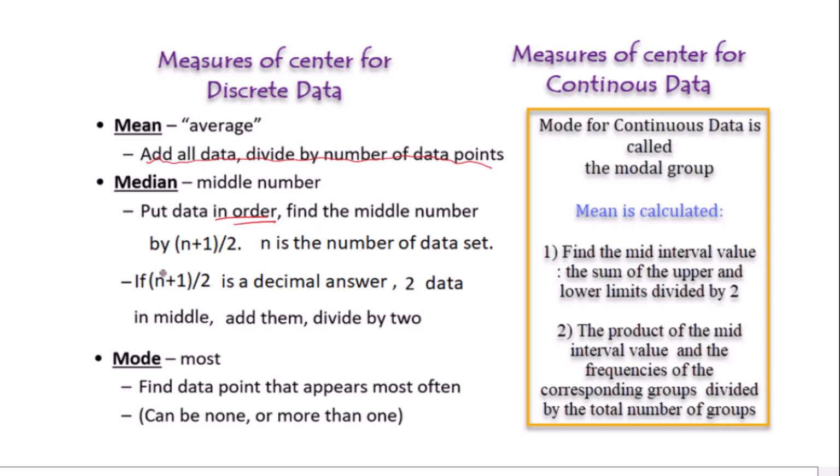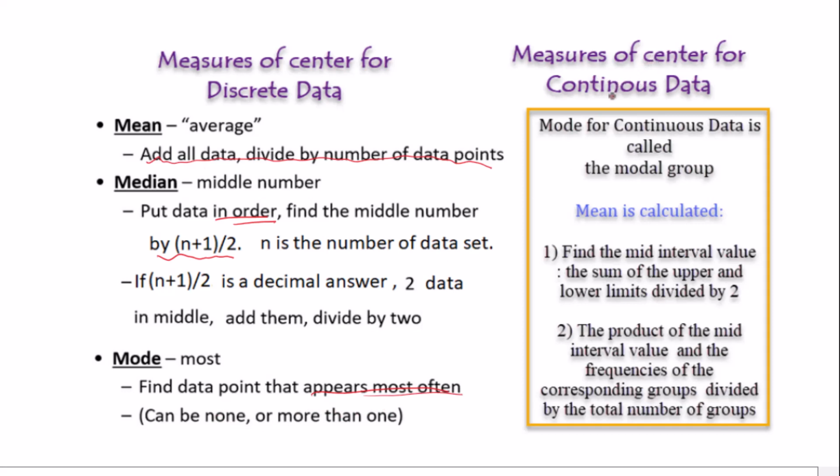Find the middle number by doing n plus 1 over 2. N is the number of a data set. If n plus 1 over 2 is a decimal answer, such as 7.5 or 8.5, which means there are two data as middle numbers. Add them, divided by 2 will be the median. Mode means most, appear most, can be none or more than 1.